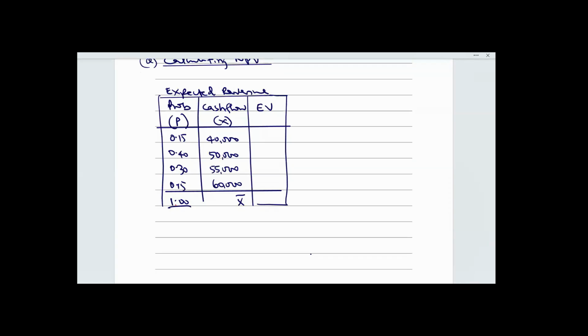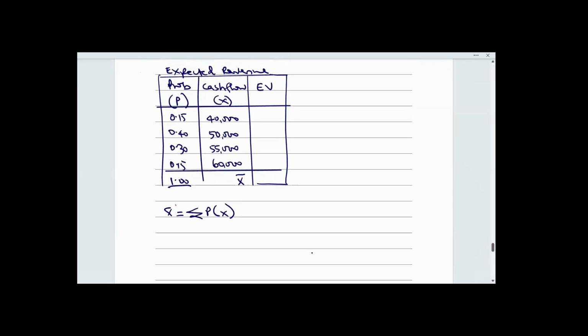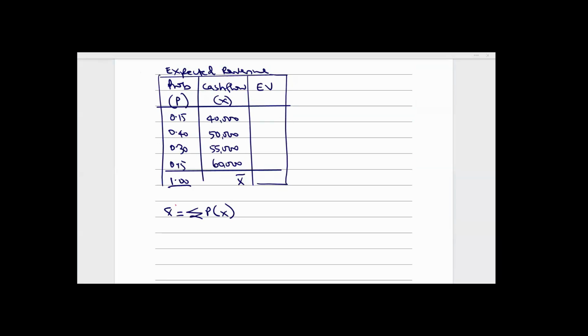Recall that expected value is calculated as summation of probability times X. That is, we are supposed to multiply probability with the cash flow to get your expected revenue. Therefore, 0.15 multiplied by 40,000 equals 6,000.